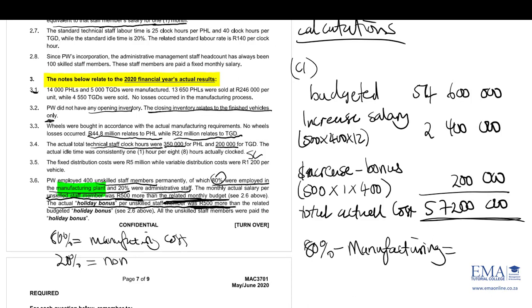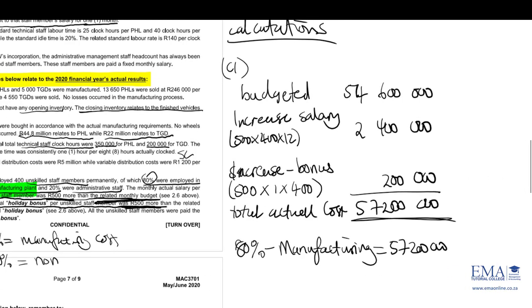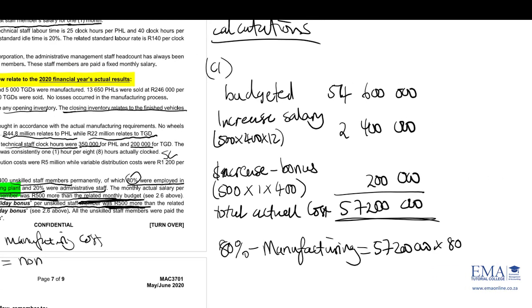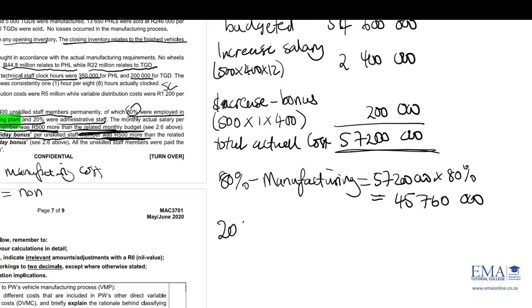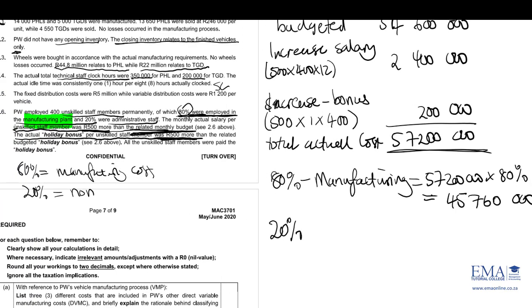So that means if you multiply by 80%, you get 4,576, and then the 20% is the non-manufacturing, because they said here that 80% were employed in the manufacturing plant and 20% were employed as administrative staff. So 20% is non-manufacturing.